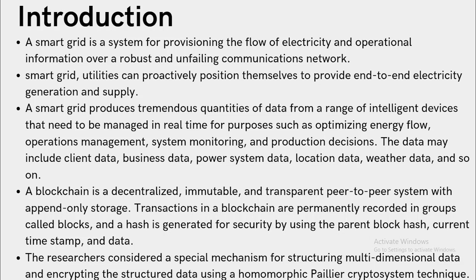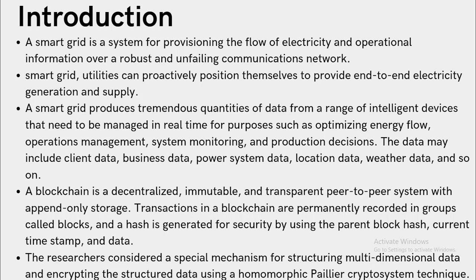The transactions in blockchain are permanently recorded in groups called blocks, and a hash is generated for security by using the parent block hash, current timestamp and data. The researcher considers a special mechanism for structuring multidimensional data and encrypts the structure using the homomorphic Paillier crypto system technique.